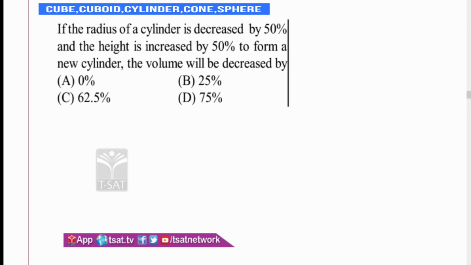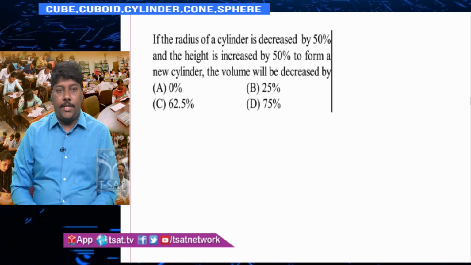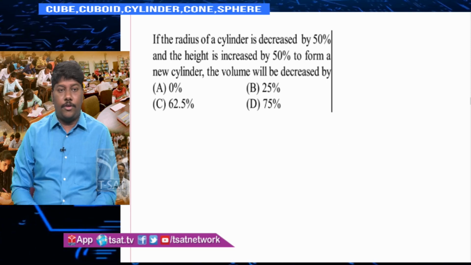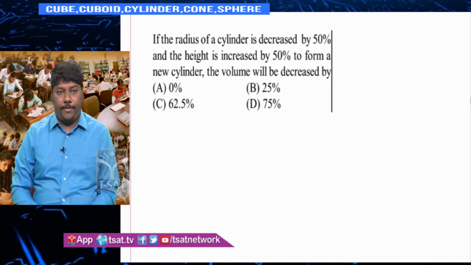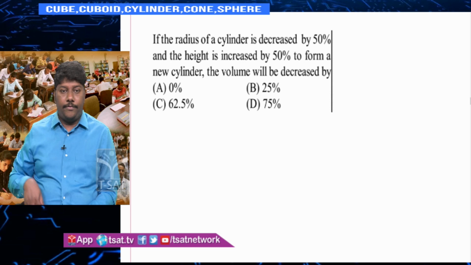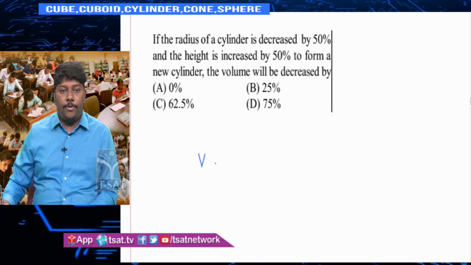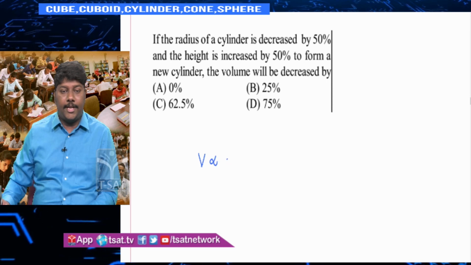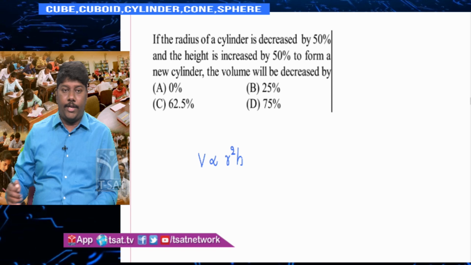If the radius of the cylinder is decreased by 50% and the height is increased by 50% to form a new cylinder, the volume will be decreased by. First of all, try to understand the volume of a cylinder. Volume of a cylinder is directly proportional to the square of radius into height.